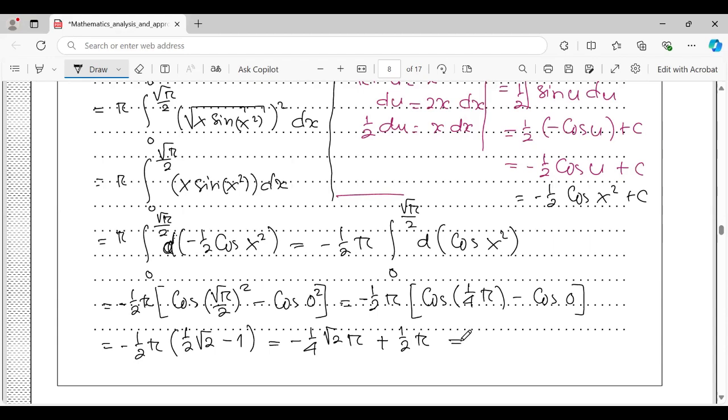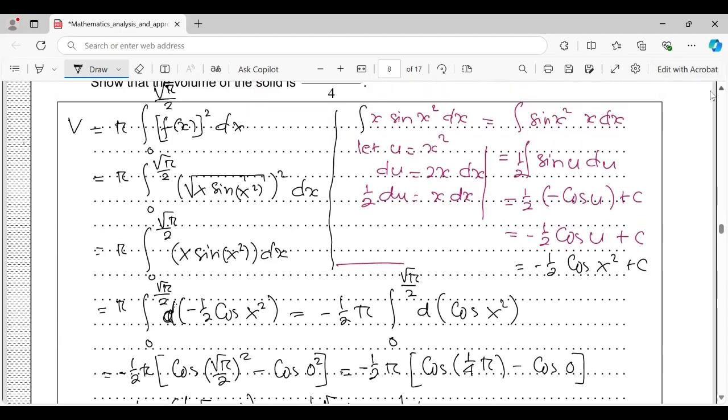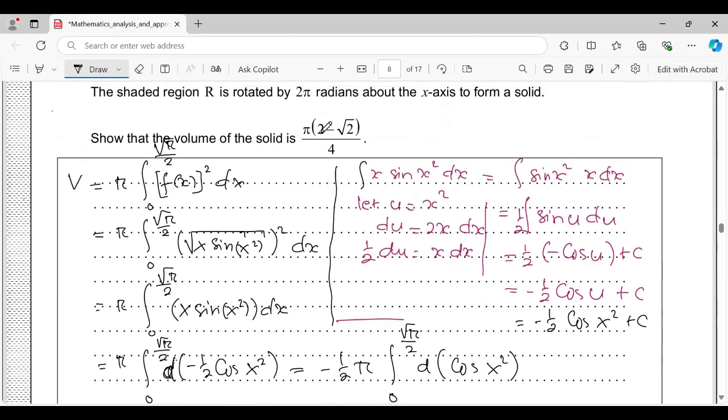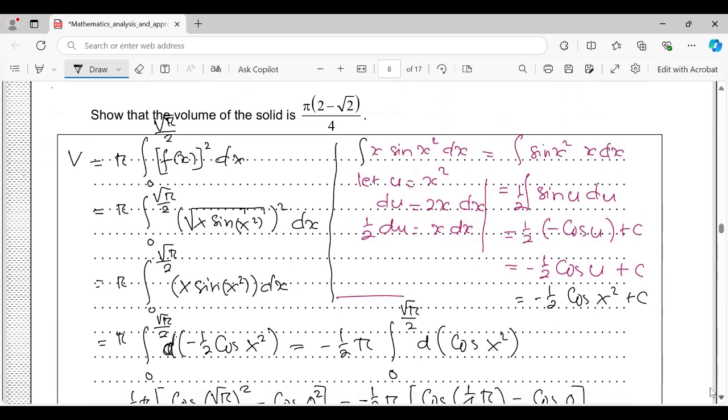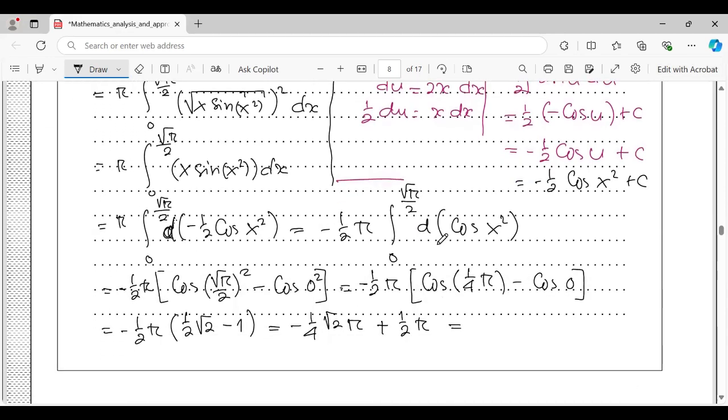Based on this information, we factorize pi and multiply by 2 minus square root 2 over 4.